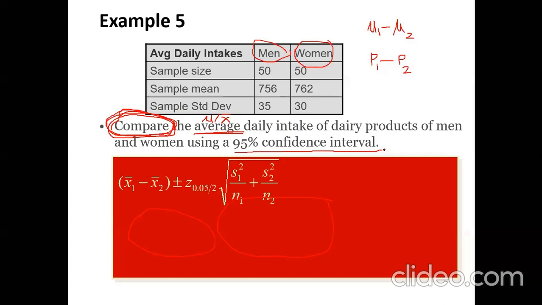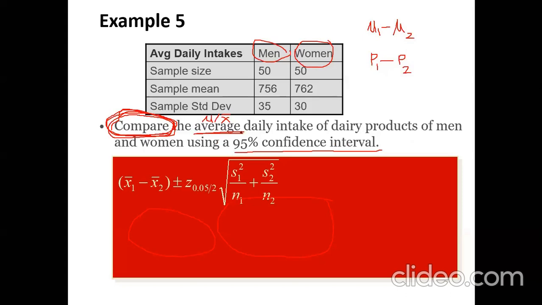But how do we know what type of interval estimator? We have, sorry, 4 conditions. So how do we know which one? First, see the average.